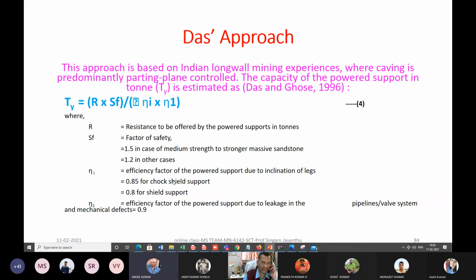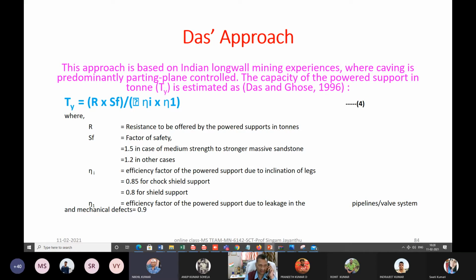In the given equation, R is the resistance to be offered by the powered support in tons. SF is the factor of safety, which is 1.5 in the case of medium strength to stronger massive sandstone, and 1.2 in all other cases.